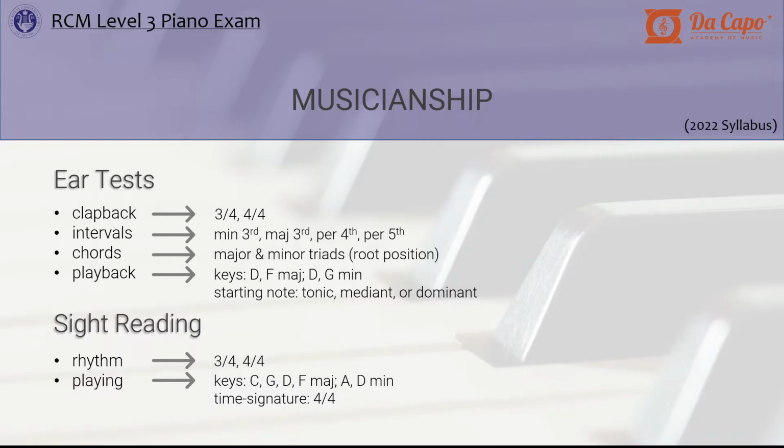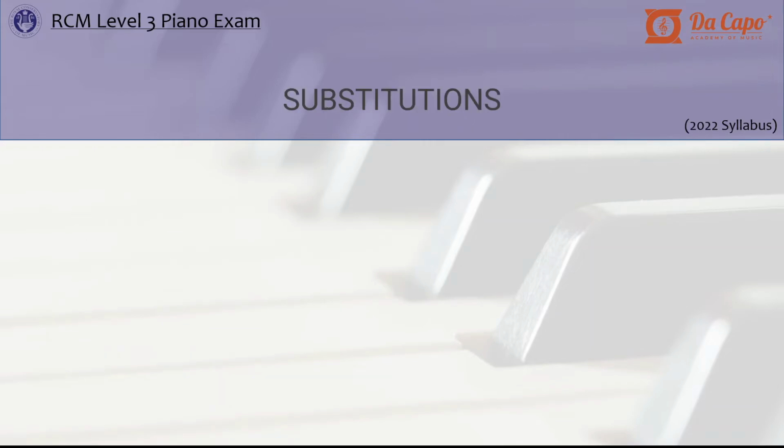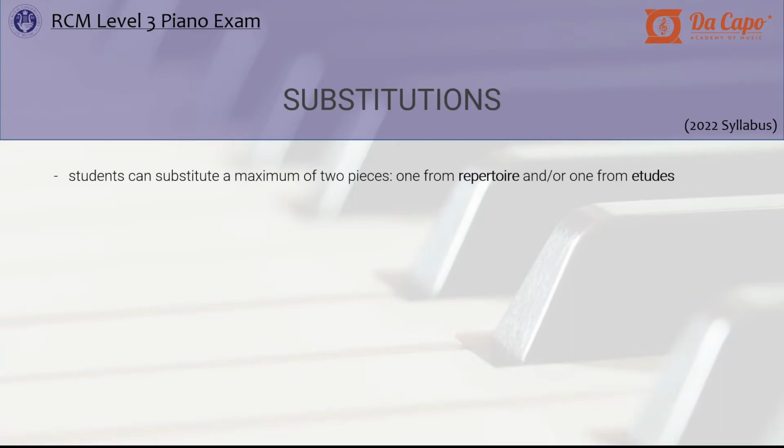And now let's move on to the substitutions. Now remember that substitutions are optional. You don't have to substitute anything if you don't want to, but if you choose to substitute, let's keep in mind these rules. The first rule is that students can substitute a maximum of 2 pieces, one from repertoire and one from etudes.